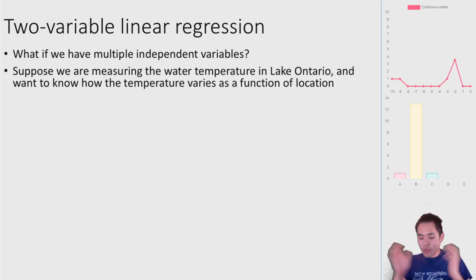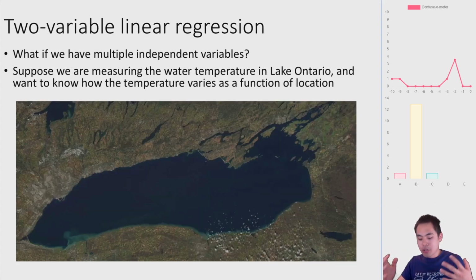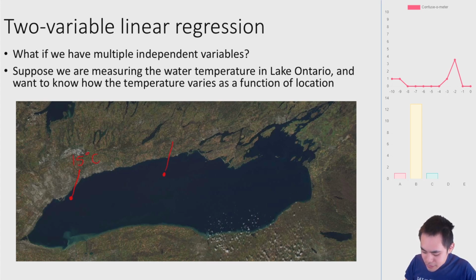So, for example, what if we want to measure the water temperature in Lake Ontario, and we want to know how the temperature varies as a function of location? Obviously, we can't measure the water temperature in Lake Ontario everywhere, but maybe we take the water temperature here near Toronto, and let's say it's 15 degrees Celsius. Maybe we take another point here, and that's like 14.5 degrees Celsius.